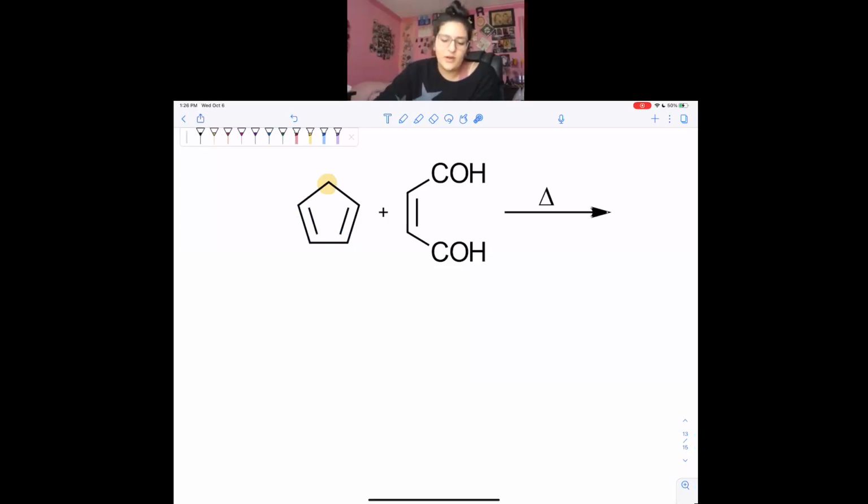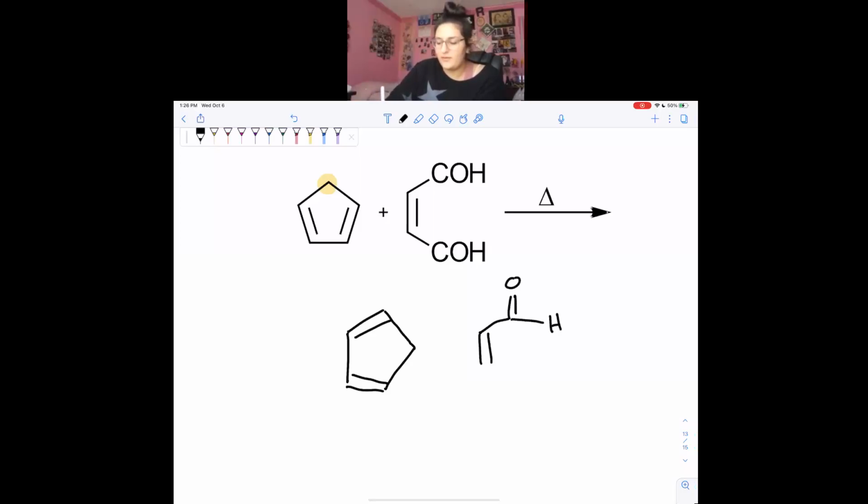And we're going to redraw him so that the mouth is open towards the dienophile. I'm just going to draw this out because I want you guys to be familiar with the functional groups. So CHO is an aldehyde. All right, so let's start numbering.